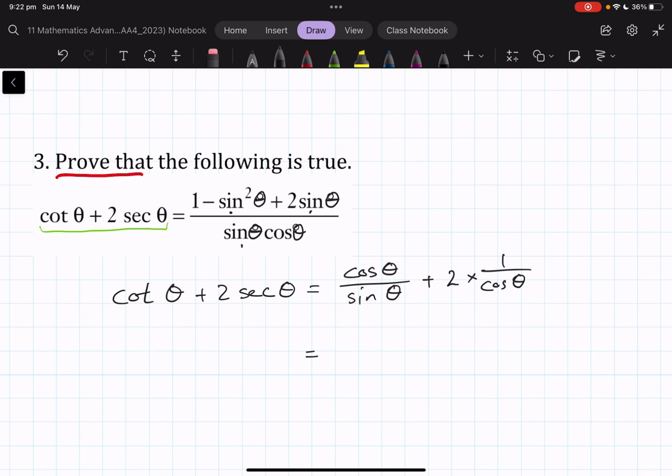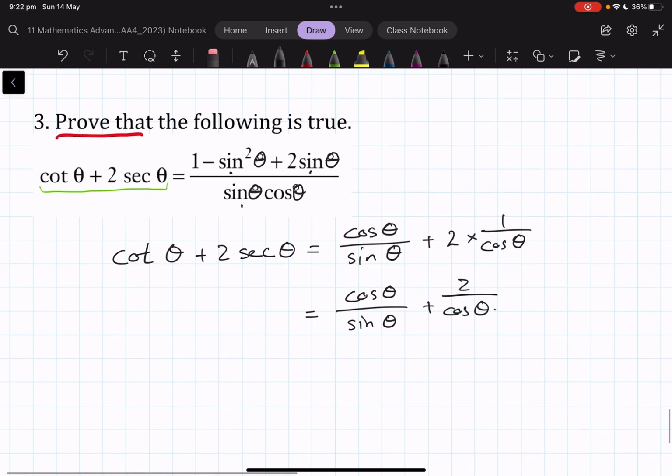Now notice this is going to become cos theta over sine theta plus 2 over cos theta. I want to bring them together. So I need to multiply this one top and bottom by sine theta to match the denominator. And this one I have to multiply by cos theta on top and bottom to match the denominators.